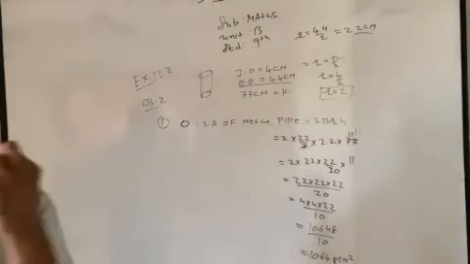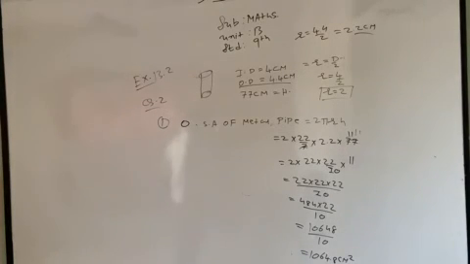So we can say that the outer surface area is 1064.8 centimeters square. The third thing which we need to find out is the TSA, that you need to perform from your homework.